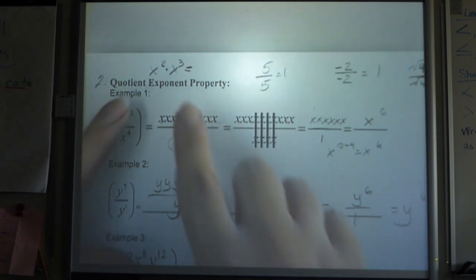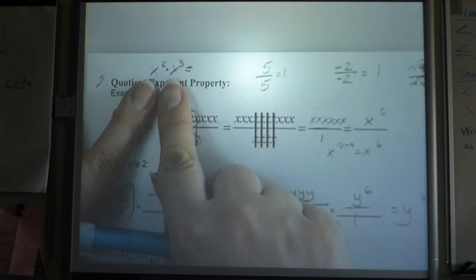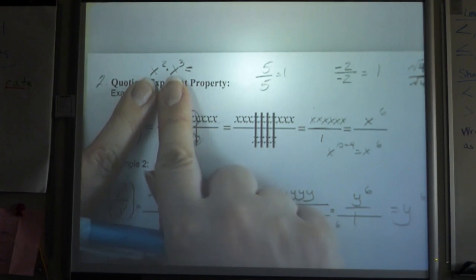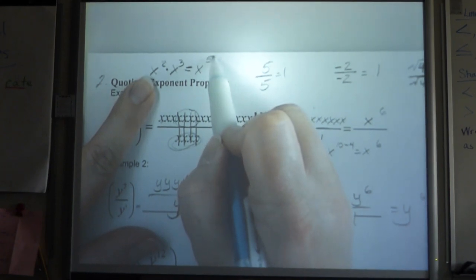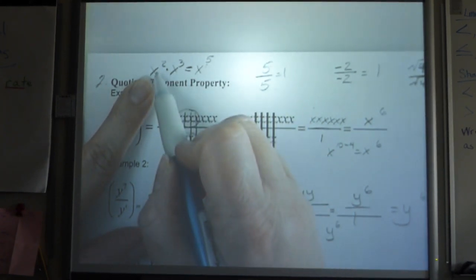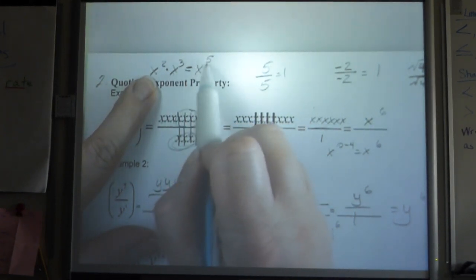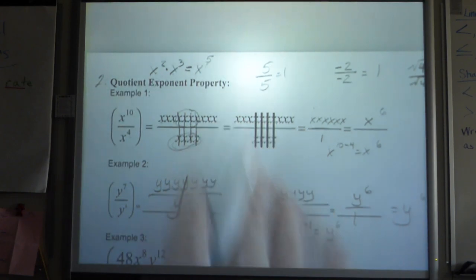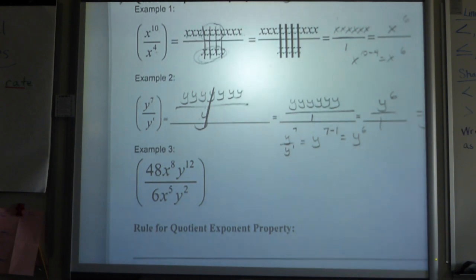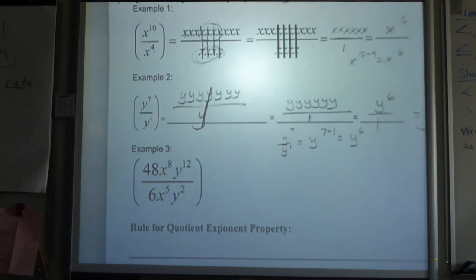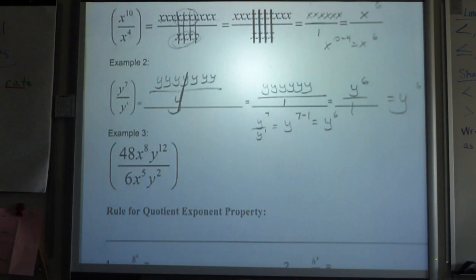If you're multiplying like bases, so the base is x, they are alike, we're multiplying them. We're allowed to do what with the exponents? You just said it. Add them. So doesn't it make sense that if when we multiply like bases, we add the exponents, when we divide like bases, we should subtract the exponents? Okay, so that just makes sense following our logical patterns.